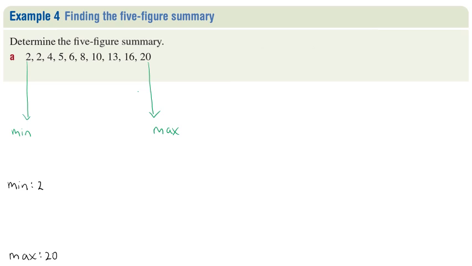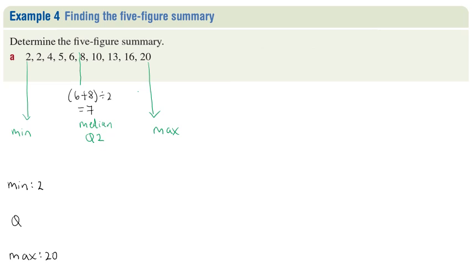Next, I've got my middle number, so 1, 2, 3, 4, 5, 6, 7, 8, 9, 10. 1, 2, 3, 4, 5. So this here is our median. So 6 plus 8 divided by 2 equals 7. So that's our median, or Q2.